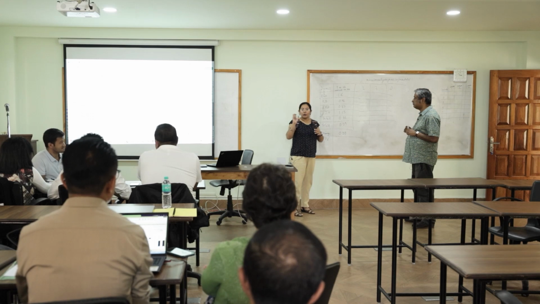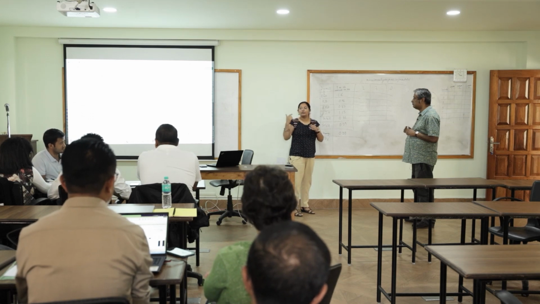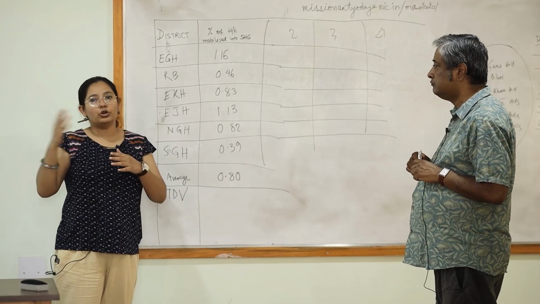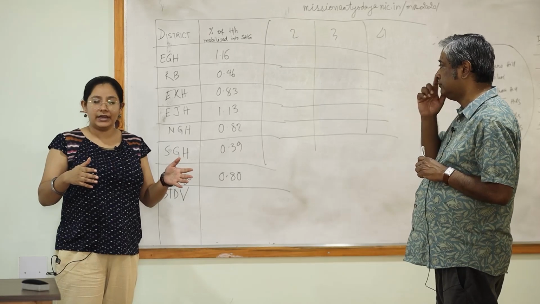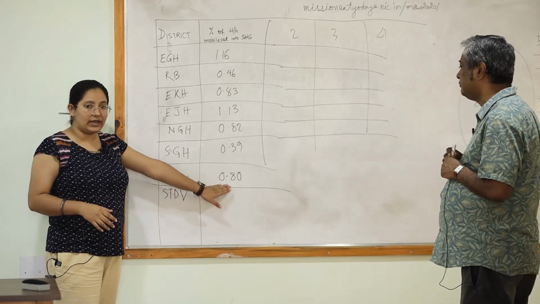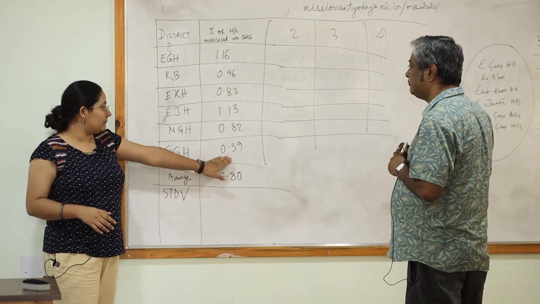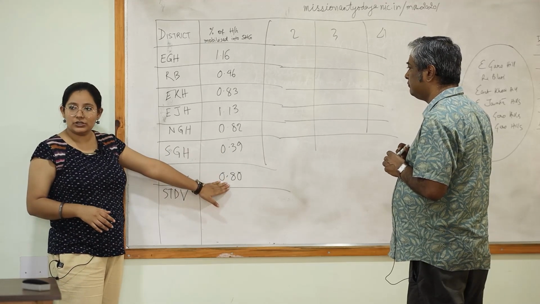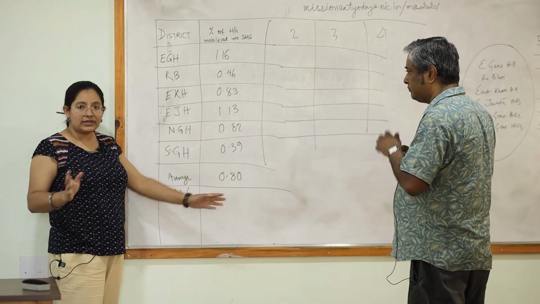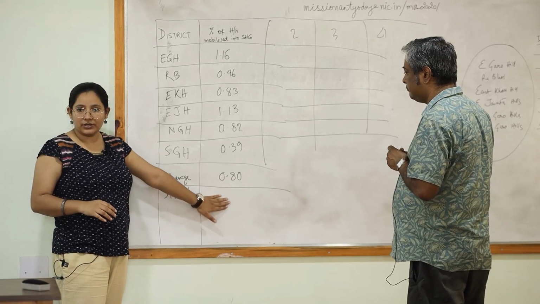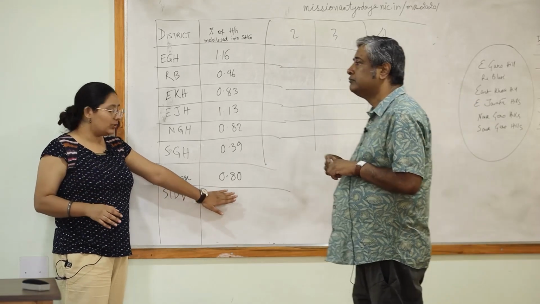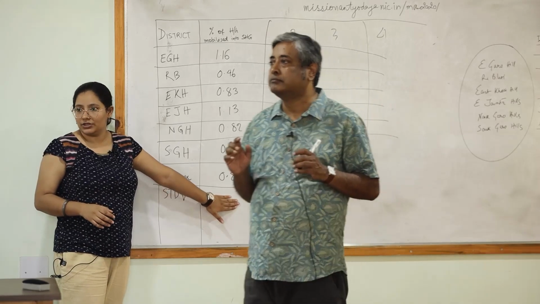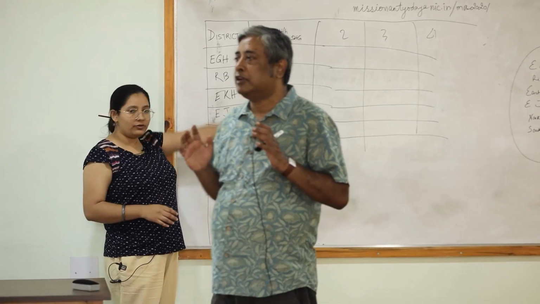Standard deviation is how values are deviating around the mean. It could be positive, it could be negative, right? If my average is 0.80, 0.39 minus 0.80 is negative, 0.82 minus 0.80 is positive, correct? It doesn't matter if it's negative or positive. So we want to calculate the standard deviation here as a whole for this data set.